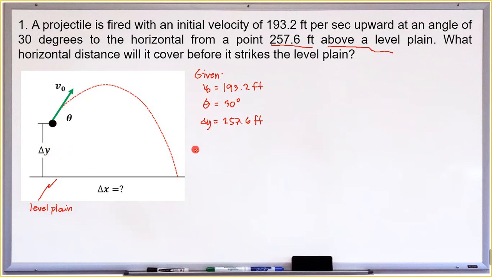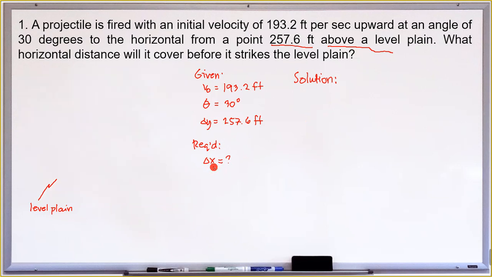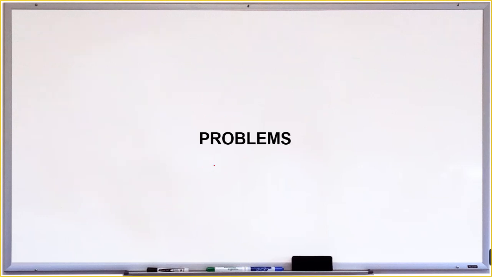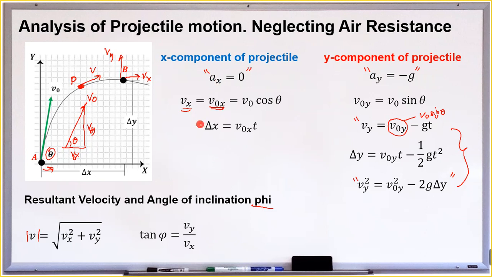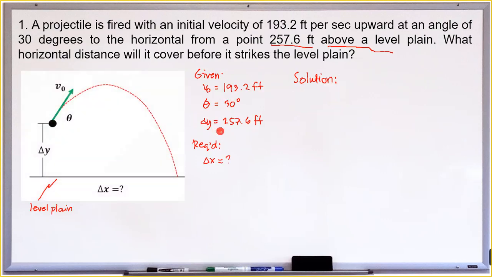Next is the required. We are to solve for the displacement along the x. Since that is what we are looking for, we find a kinematic equation that contains this variable delta x. This is from the x component. If we move back to our slide, this last one has delta x as a variable.